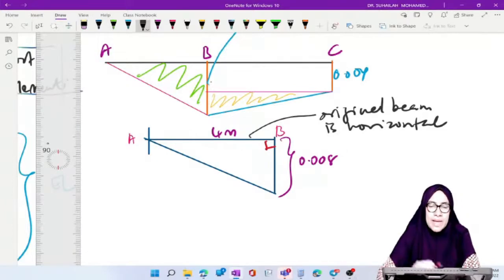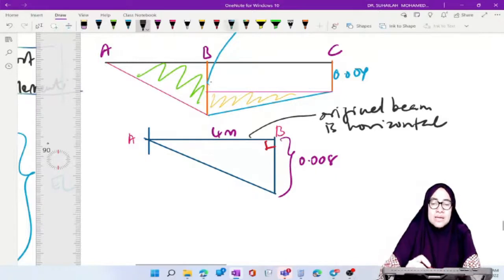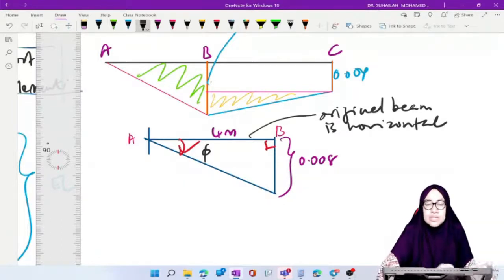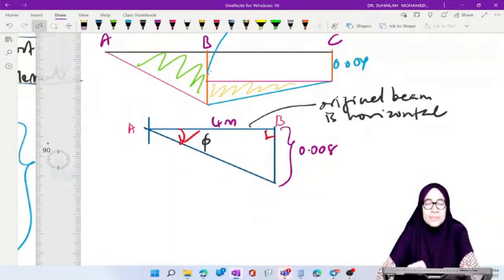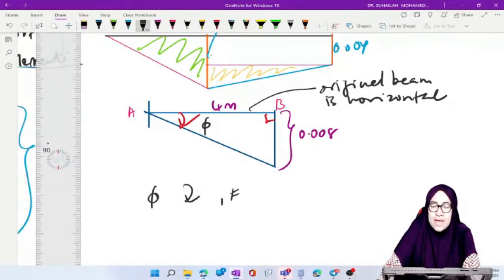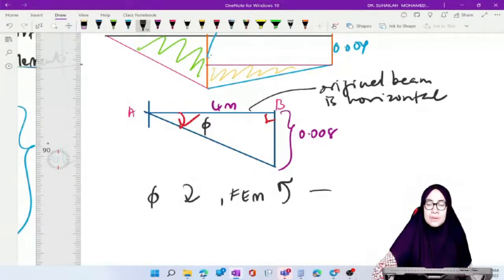So by looking at the triangle, based on the formula, the angle is this. This angle is called the chord rotation, and we call this angle. When this angle is positive, FEM will be negative, because of behavior.